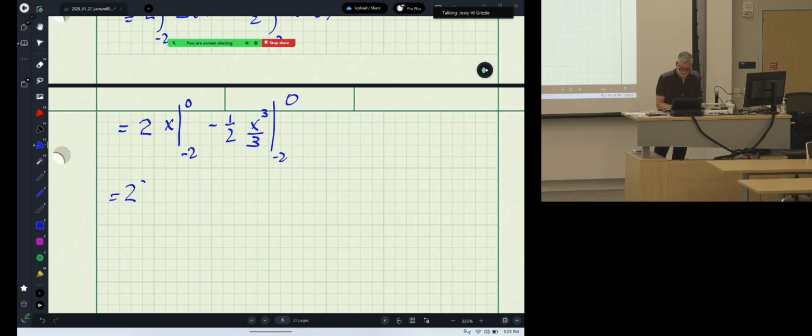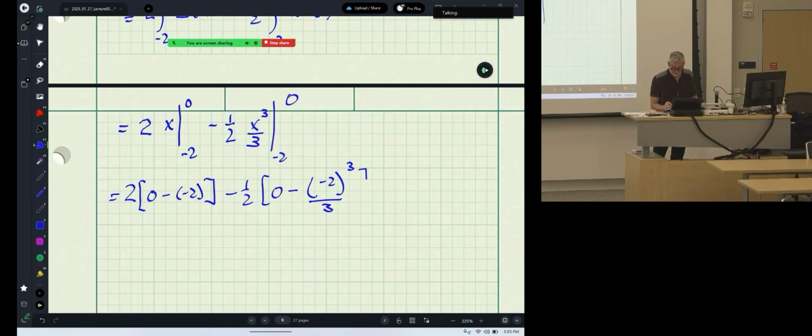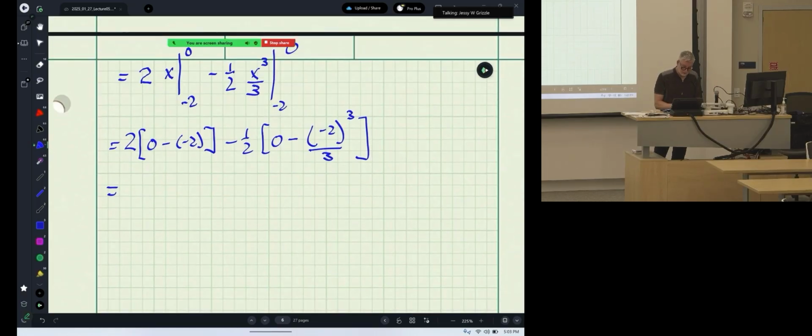And so now we just do the algebra. We plug in 0 minus plug in minus 2, minus a half. Plug in 0, we plug in minus 2. Then minus minus is plus, times 2 is 4.